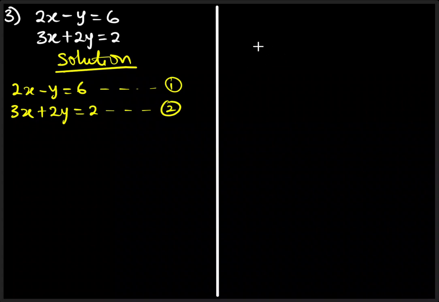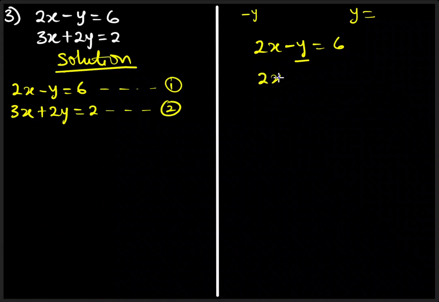Let me just take this down here. If you have 2x minus y equal to 6, and you want to make y the subject, remember that y is minus here. We don't need minus y equal to; what we want to see is y is equal to. So you pick the minus y to the right hand side and bring 6 to the left hand side.